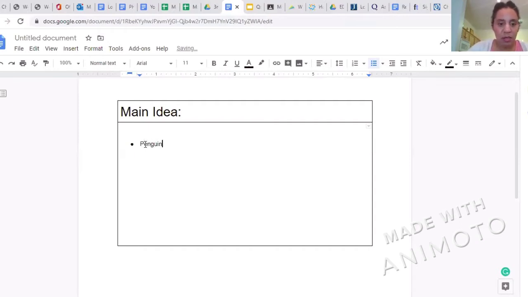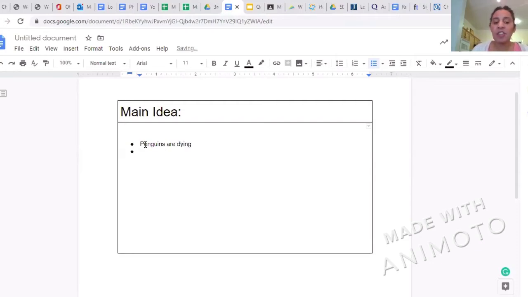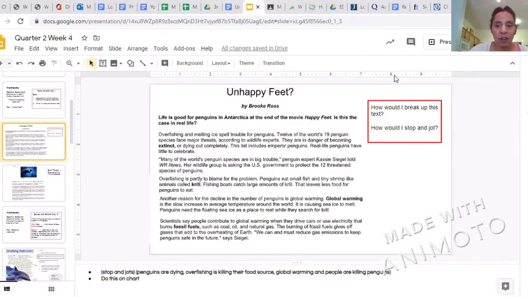Penguins are dying. Hit the enter button. So that's one detail that I can take from the chunk that I just read. Flip back over.